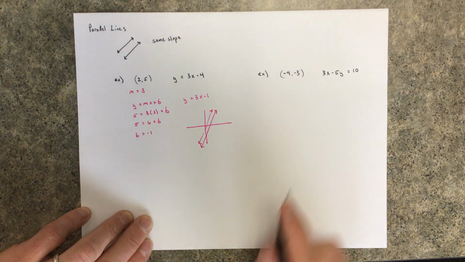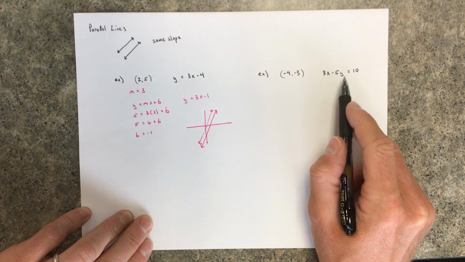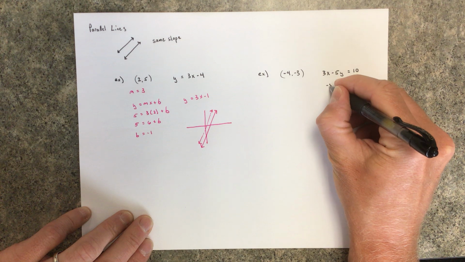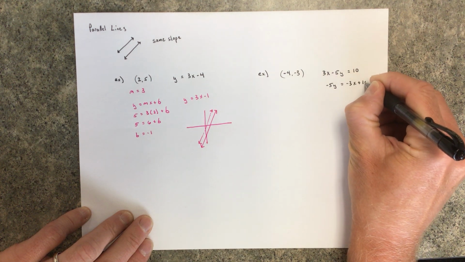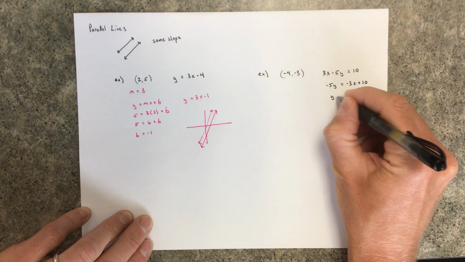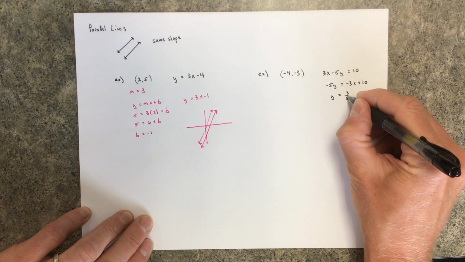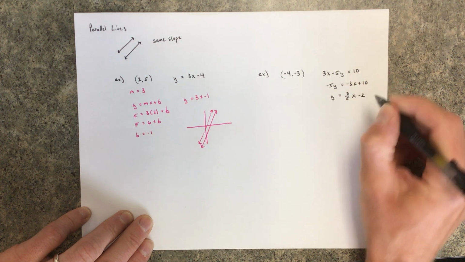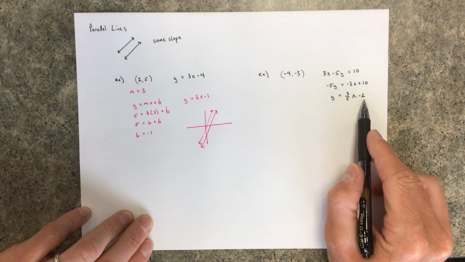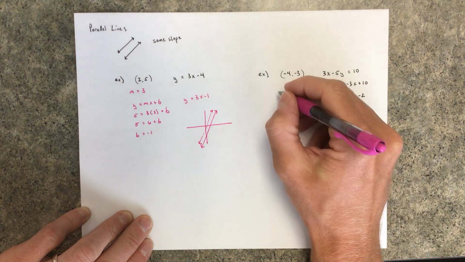The first thing you want to do, if you want to be parallel to this line, is find this line's slope. So I'm going to leave the -5y alone, move the 3x over by subtracting it, and divide everything by -5. -3 divided by 5 is -3/5, wait, dividing -3x by -5 gives 3/5, and then positive 10 divided by -5 is -2. This really is fairly irrelevant in the conversation. This tells me that I want the slope of 3/5.